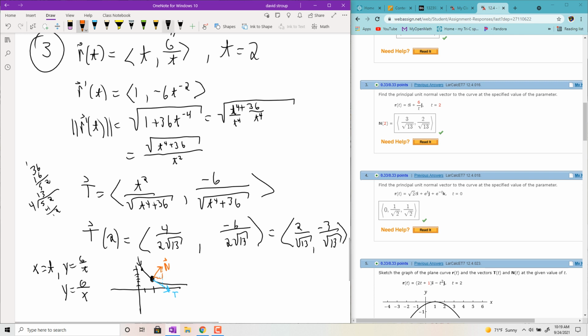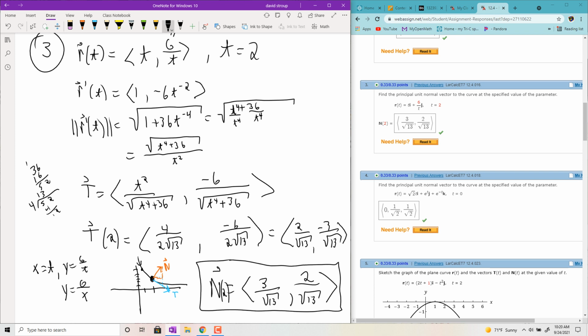So for our unit normal vector, you just swap the components and make one of them negative of what it was. So you make negative 3 over root 13 positive, which is 3 over root 13, comma, 2 over root 13. And that will be your answer then for N of 2.